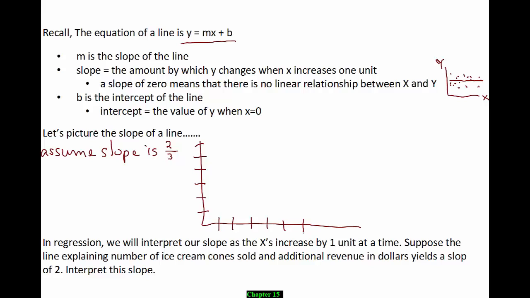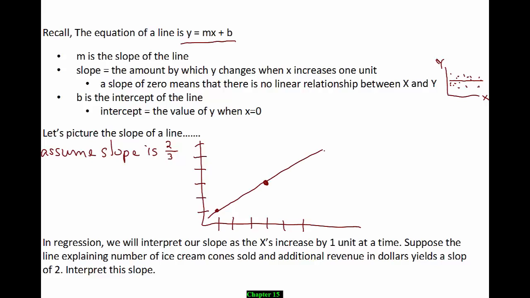Let's say that my first dot is here. Remember, slope is the change in the y's over the change in the x's. So this slope is going to tell me to move over 3, 1, 2, 3, and up 2. So it literally tells me how fast the line rises.